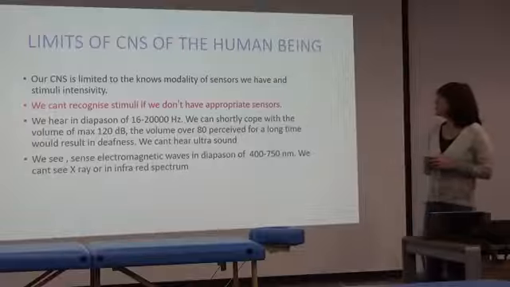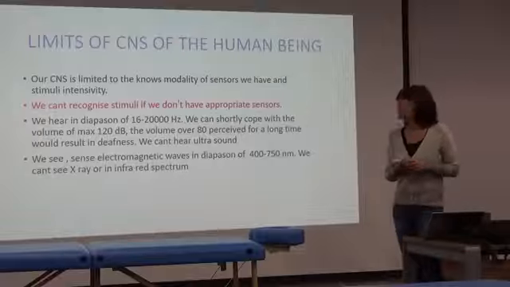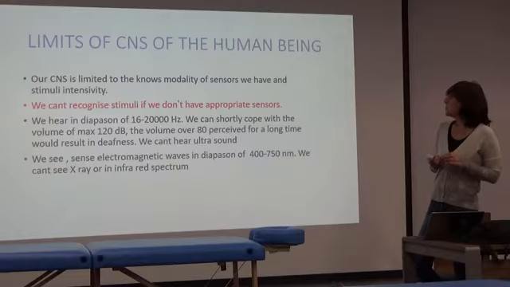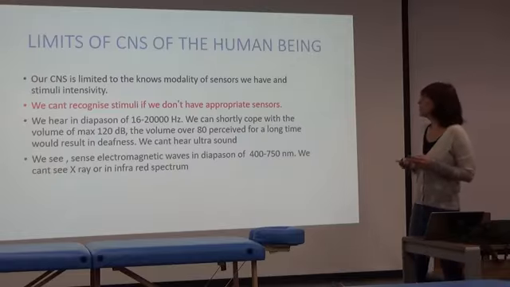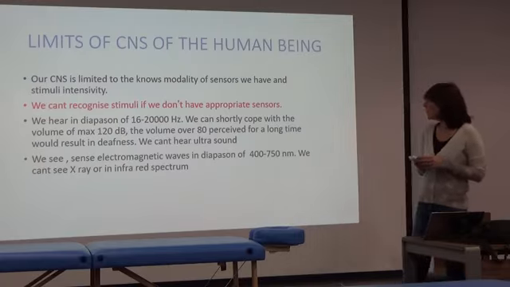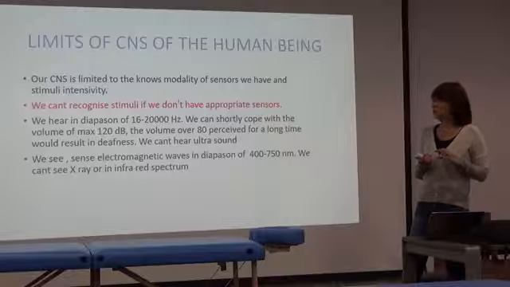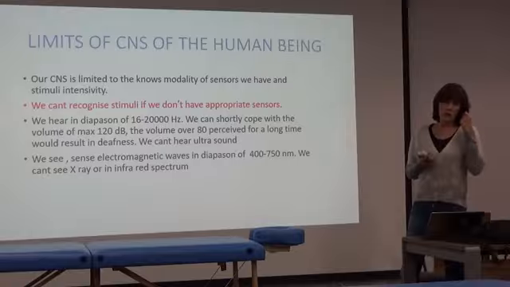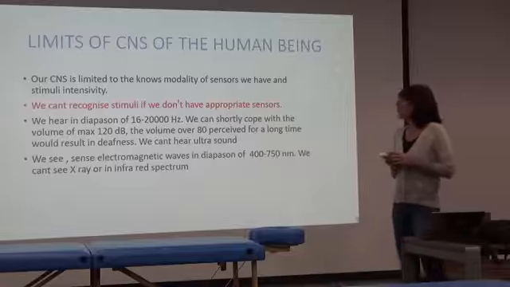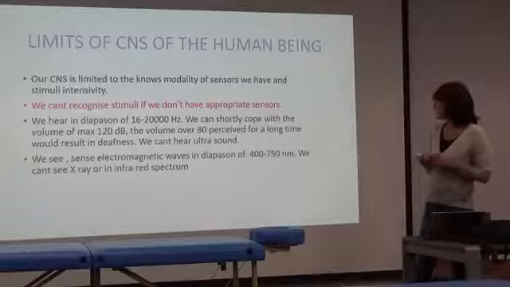Our central nervous system is limited to the modality of the senses we have and stimuli intensity. We cannot recognize the stimuli if we don't have appropriate sensors, meaning that we can hear in the range of 16 to 20,000 hertz. If the sound goes above this frequency, we either feel very, very strong pain or we don't hear the sound. We can hardly cope with a volume of maximum 120 decibels.